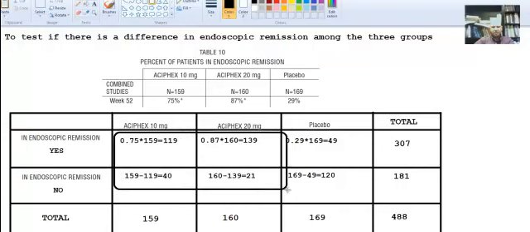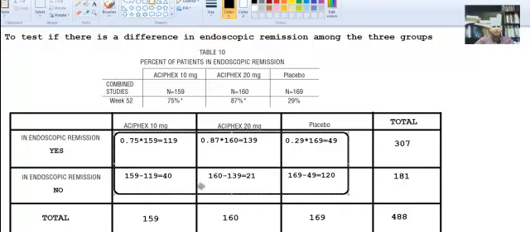See this here? That 119 in the 10 mg group were in endoscopic remission, and we are testing whether there is a difference in the proportion of endoscopic remission among the 3 groups. That's what we want to test.